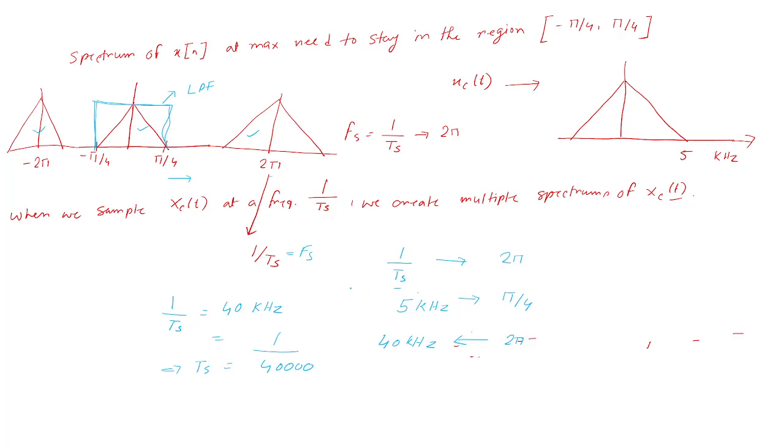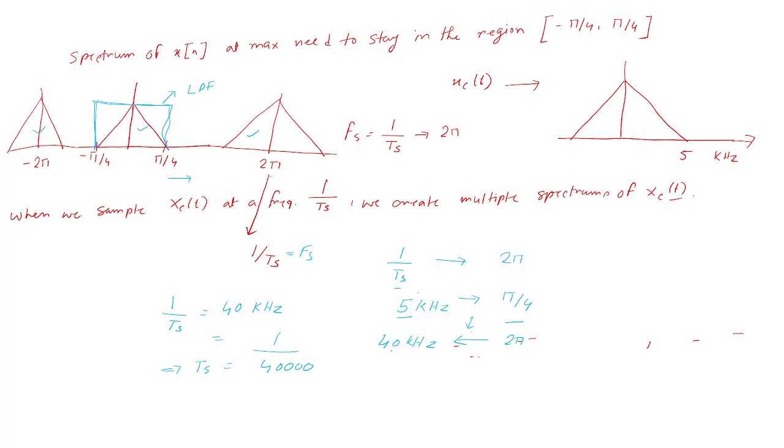Therefore if I am willing to protect my frequency component of 5 kilohertz, it should coincide with this pi by 4 in the discrete frequency domain. From this relation we can get 2 pi corresponds to 40 kilohertz.